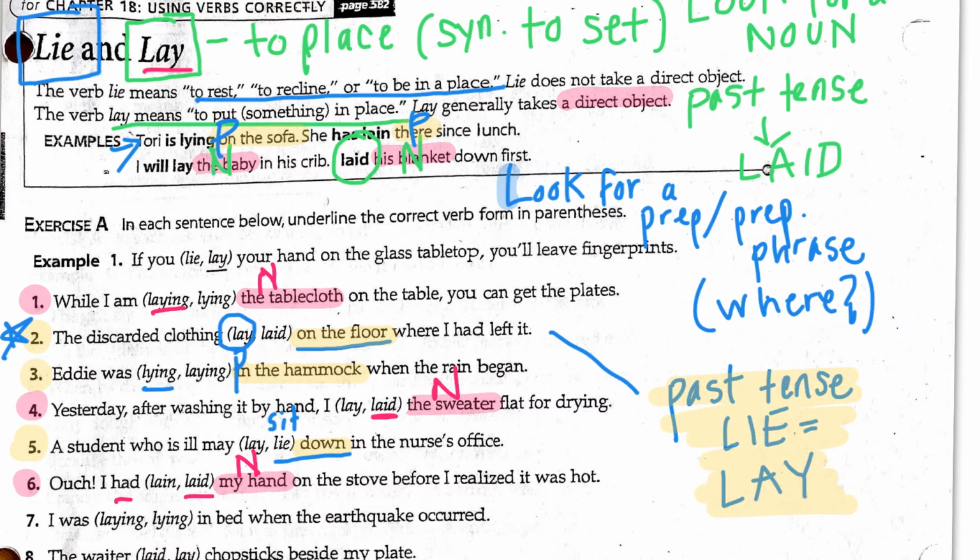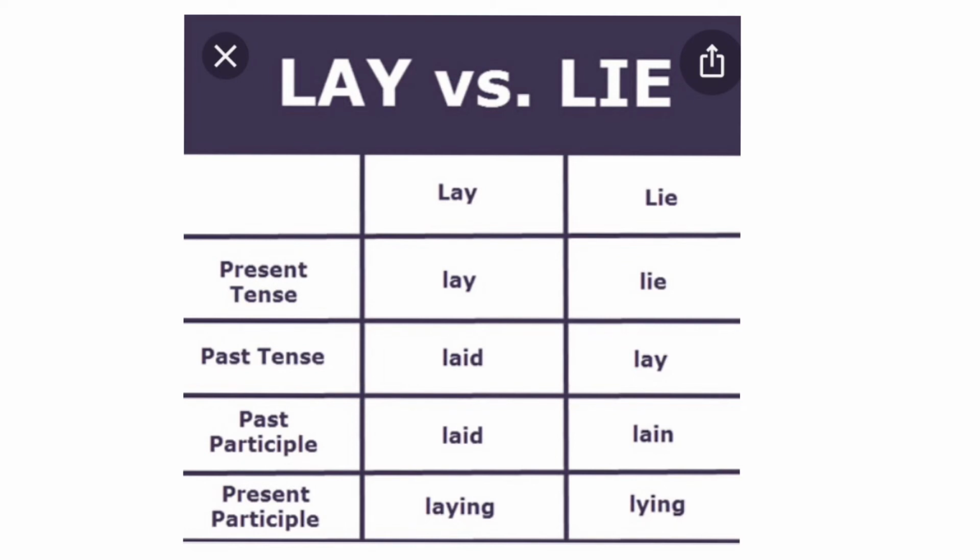So if I were talking about something that happened yesterday, and I were motionless yesterday on the floor, or someone went to the nurse's office yesterday, that student lay down in the nurse's office. The past tense, remember, of L-A-Y is L-A-I-D. I'm highlighting that on the screen now. But the past tense of lie is lay, which is why perhaps many get the two verbs mixed up.